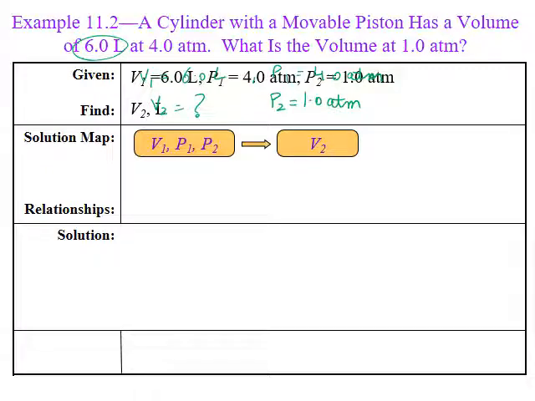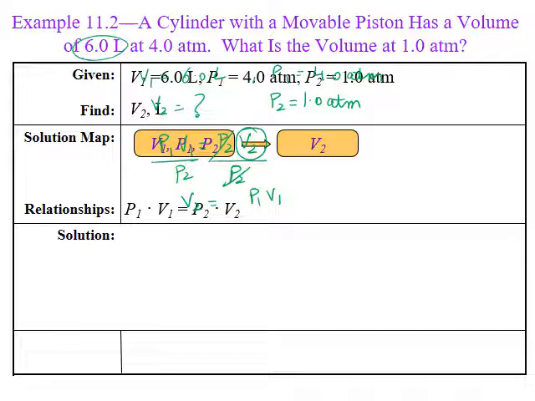So what is the relationship again? This is between pressure and volume, so it is Boyle's law, P1 V1 equals P2 V2. Here I'm solving for V2, so to get rid of P2, I'll divide both sides by P2. P2 gets cancelled, which gives me V2 is equal to P1 V1 over P2.